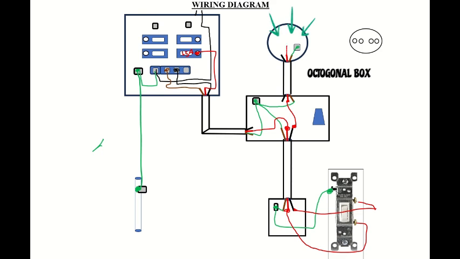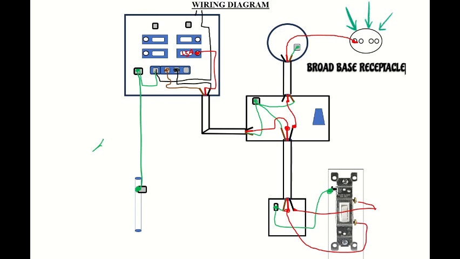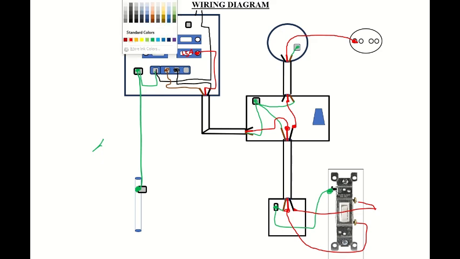Now the red that is in the octagonal box will be connected to the copper screw on the broad base receptacle. Right, so the red will go to the copper screw. Now we still have a little bit more connection to do, so let us continue.